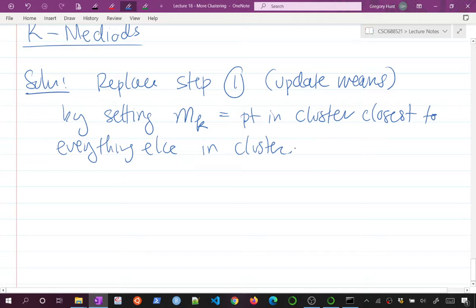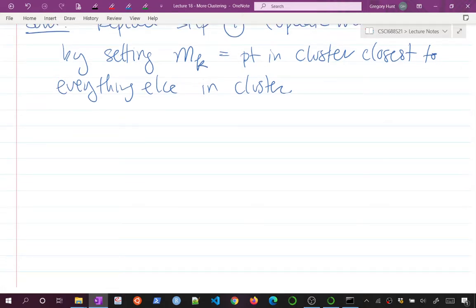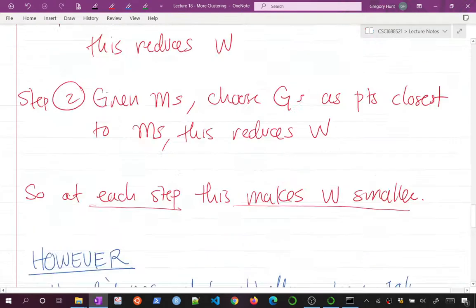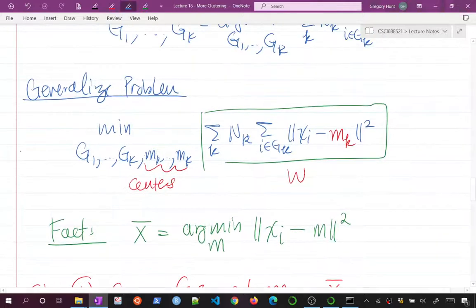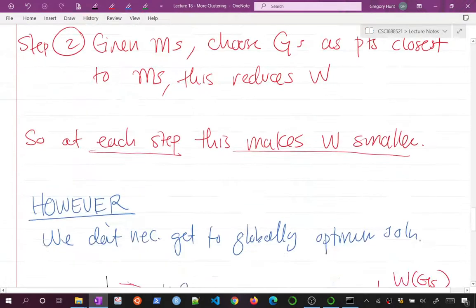This is called K-medoids, and we can do this purely in terms of dissimilarity. Effectively we're going to use this generalized version, because now we have to solve an optimization problem for the m_k's. We can't use the fact that X bar solves this, because we don't have a notion of X bar. We just have dissimilarities, and we're going to find the point that solves exactly this problem.